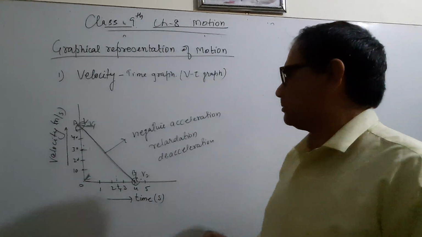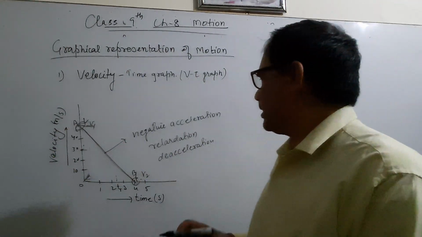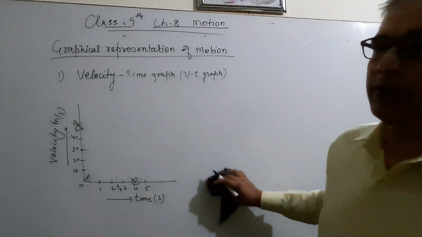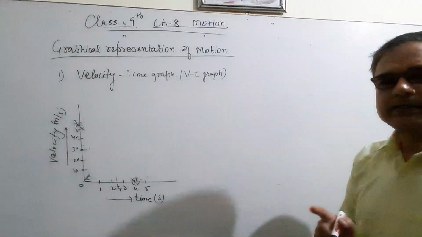And the area, what is the area? Now, the third and last part is: the area under the VT graph represents the displacement.